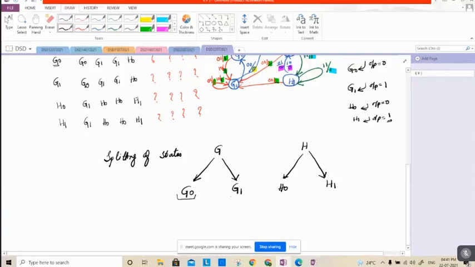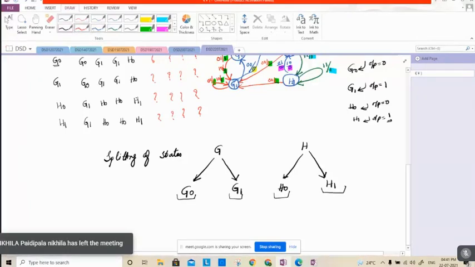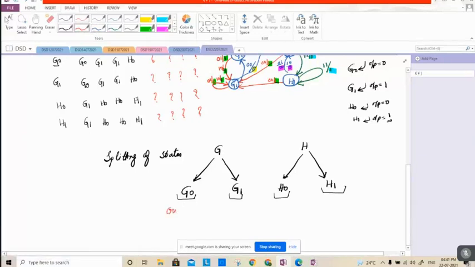And after splitting and after redrawing, with the help of this, what is our observation? Outputs if next state is equal to G0 are 0.